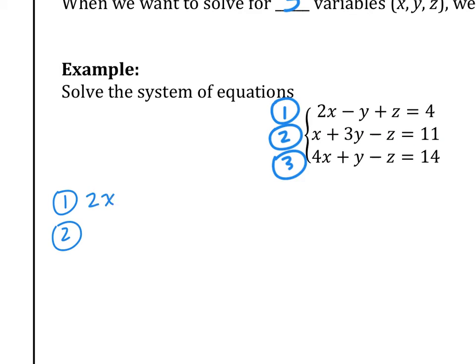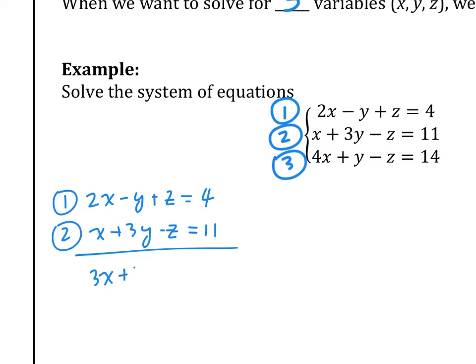Equation 1 is 2x minus y plus z equals 4, and equation 2 is x plus 3y minus z equals 11. I'm going to add them together. You can see that the z's have the same coefficient but different signs, so this is easy. We're going to add straight down: 3x plus 2y equals 15. Good, so I got rid of z.